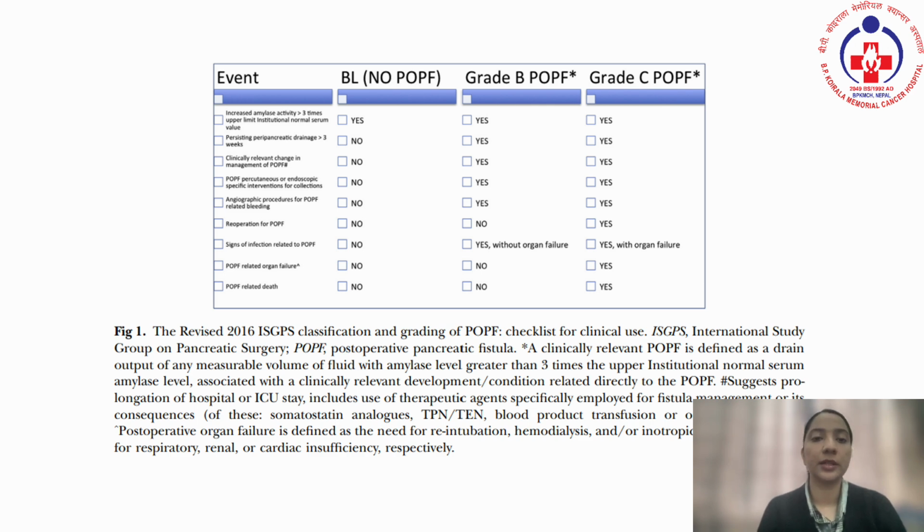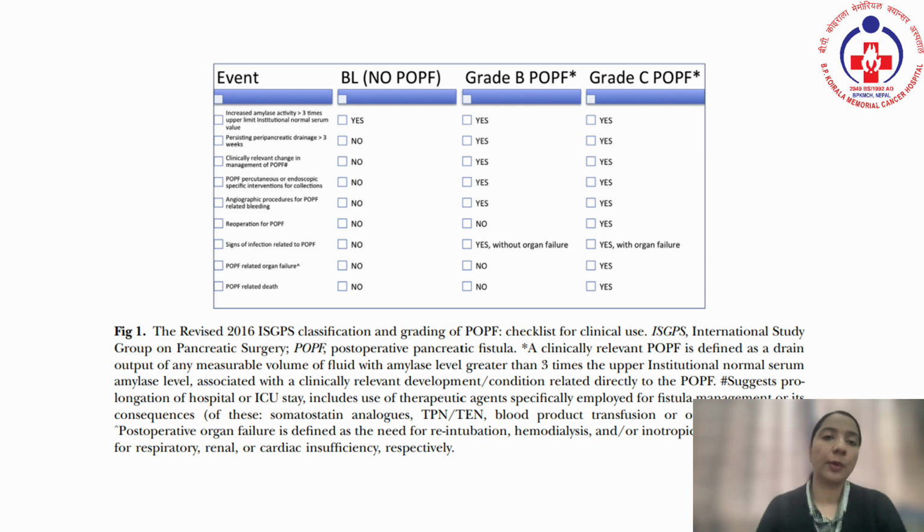Grade B is the post-operative pancreatic fistula where the patient has no mortality, and no reoperation is done for the fistula. And grade C is where the patient has either experienced death or also needs reoperation for the post-operative pancreatic fistula.